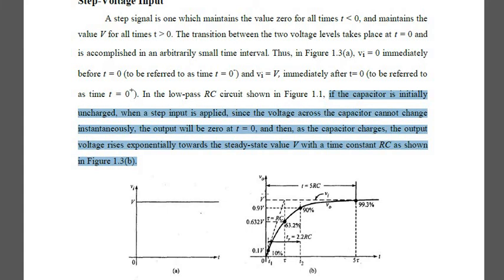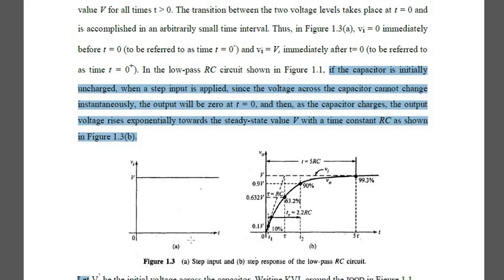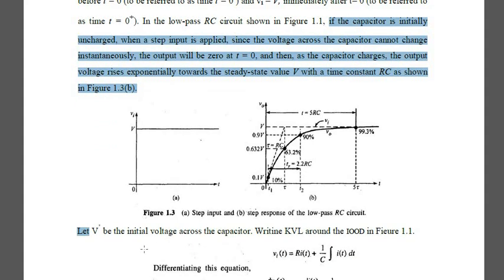Here I am showing the steady state voltage, and this is the time on the x-axis. After some time it starts charging, and then slowly it will be exponentially moving towards this steady state voltage. So this is how it will be working.